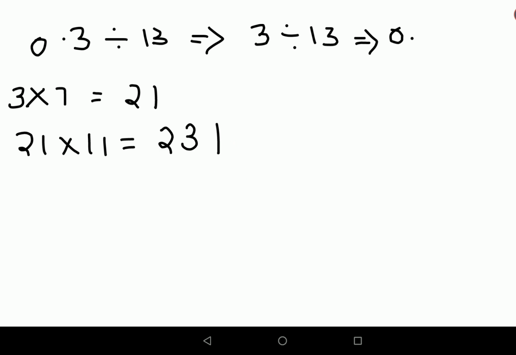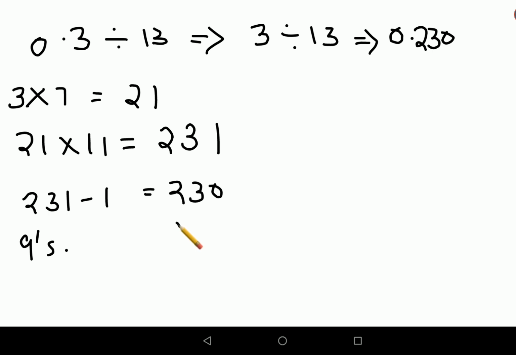Then 231 minus 1 gets you 230. So the final answer is 230 as the first part. Then the 9's complement will be 769. But that is the answer for 3 divided by 13.